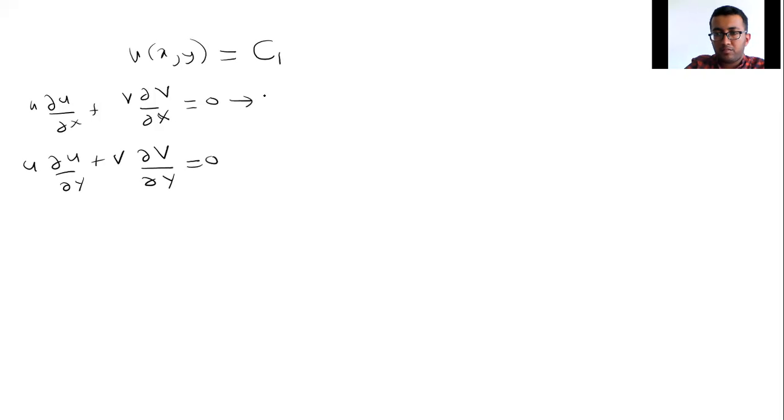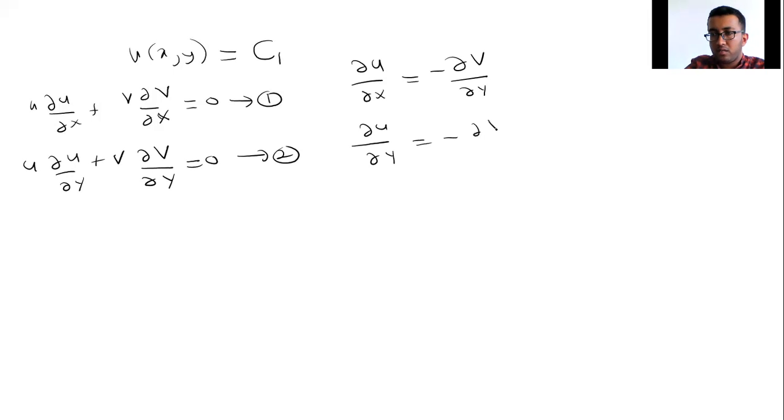So these are my first and second equations, right? And also I have the Cauchy-Riemann equations, ∂u/∂x equals ∂v/∂y, and ∂u/∂y equals minus ∂v/∂x, right?